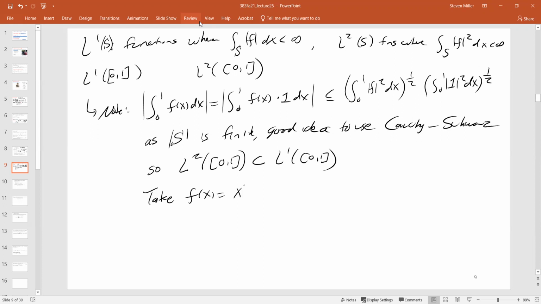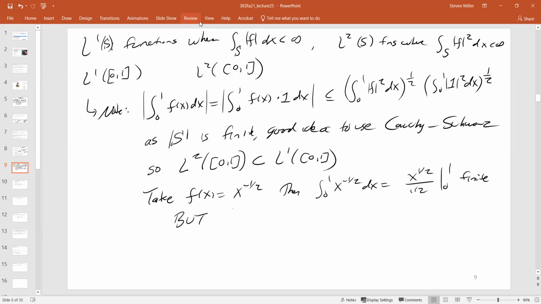Then the integral from 0 to 1 of x to the negative 1/2 dx is going to be x to the 1/2 over 1/2 evaluated at 0 and 1, which is finite.